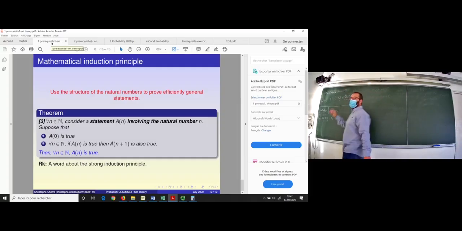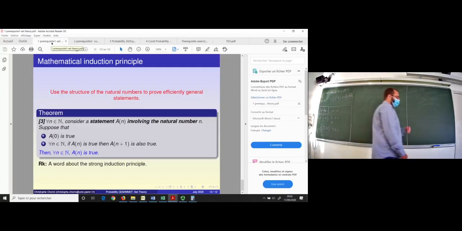If I take n equal to 0, I have a single term in my sum. And of course, it's not that complicated to see that, in fact, I have an equality, and so I have the inequality I want. This one is less than or equal to this one, because they are equal. So it means that for n equal to 0, I have done the job. This is the initialization of my reasoning. I prove it for n equal to 0.